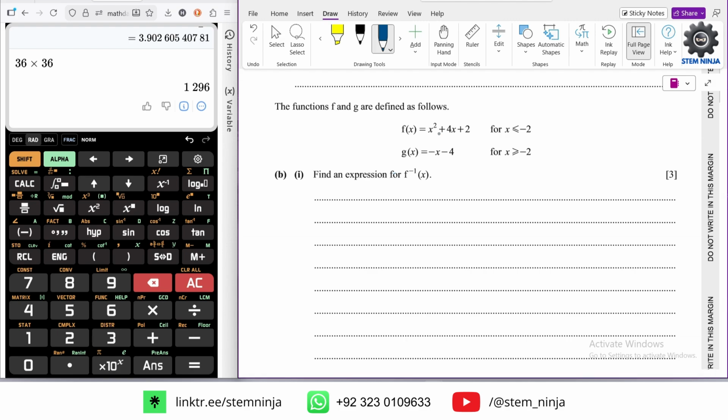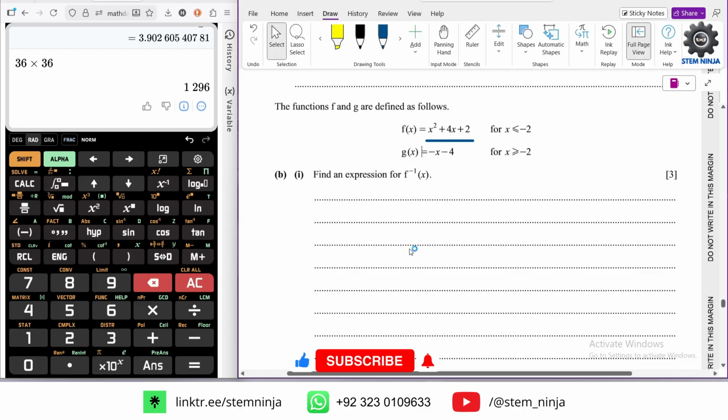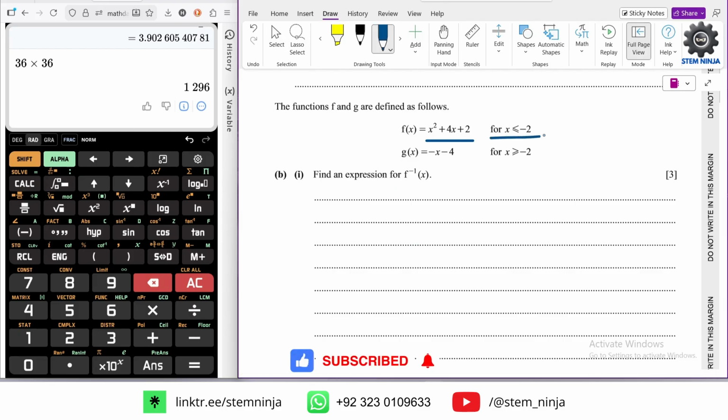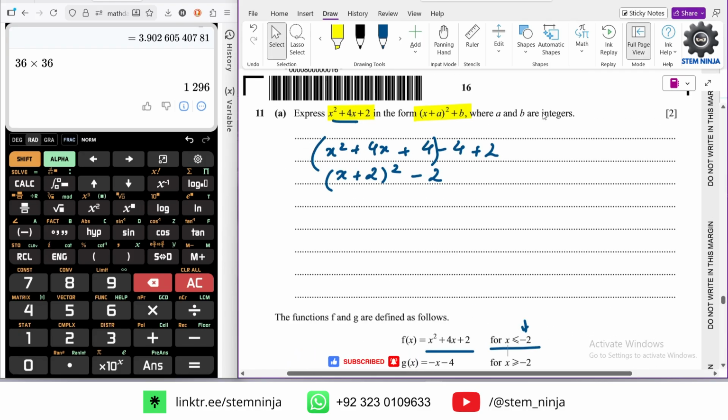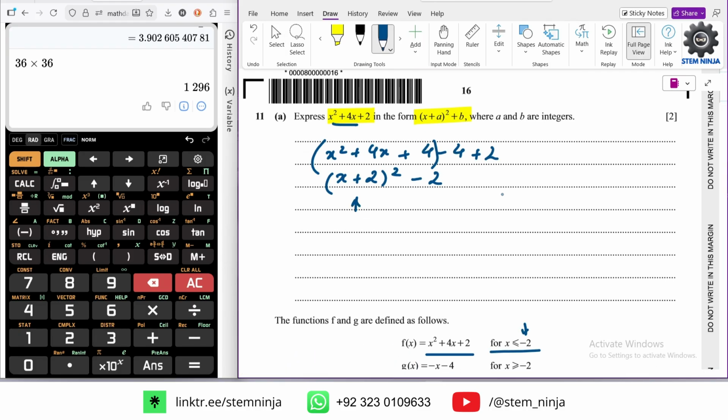The functions f and g are defined as following. Remember that whenever we have to take the inverse of f of x, a quadratic function, we can only do this using the completed square form, and it will only be half of that. So x equals minus 2 is the line of symmetry, as you can see over here.